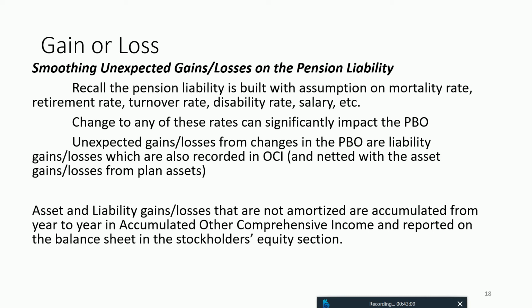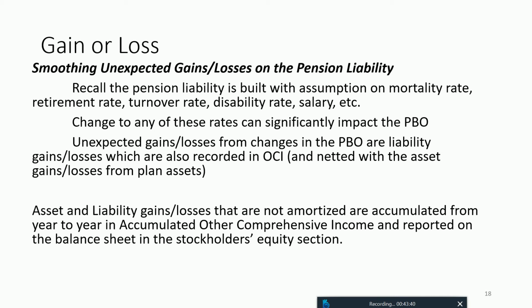We know that the pension liability is built on tons of different assumptions: mortality rate, retirement rate, turnover rate, disability, expected salary, etc. Typically the actuaries will review these rates on an annual basis and recommend changes. Any changes, especially a significant change to a rate, can significantly impact the PBO.